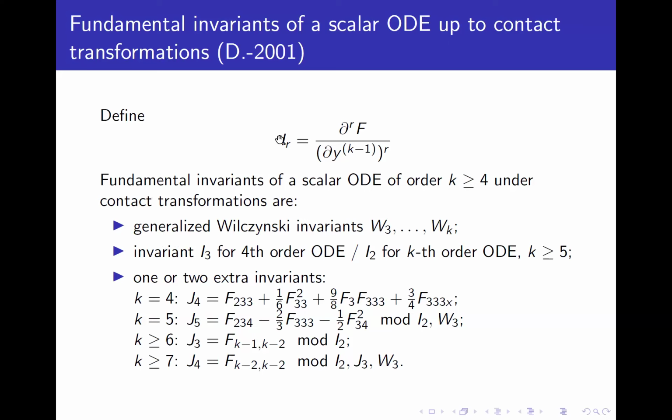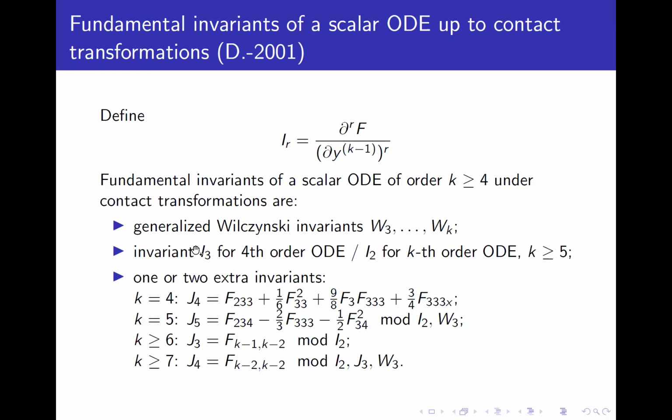Then I introduce a very useful notation I_R. It's R times derivative of the right-hand side of the equation with respect to y_k, the (k minus 1)th derivative of y, y_{k-1} in jet notation.